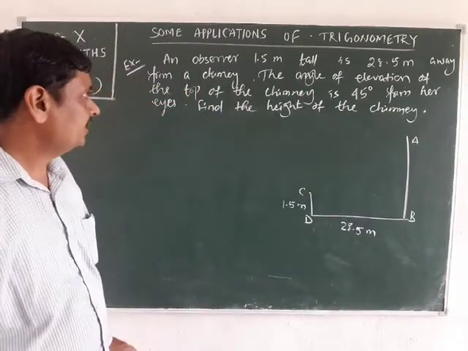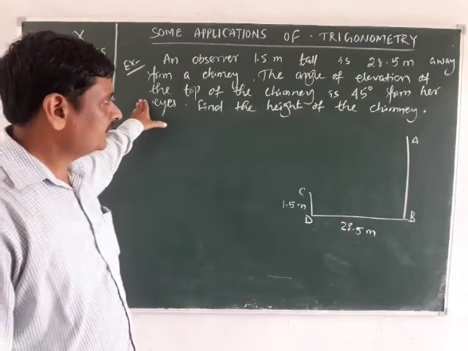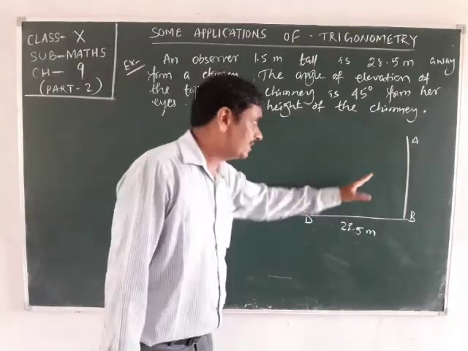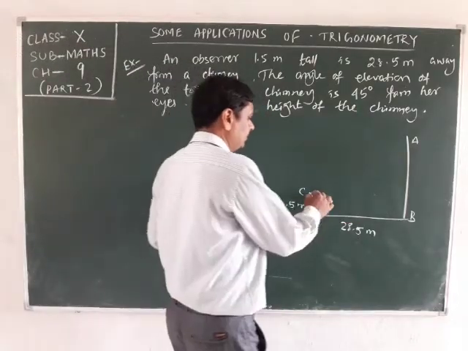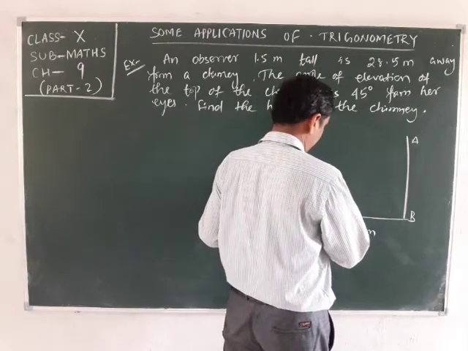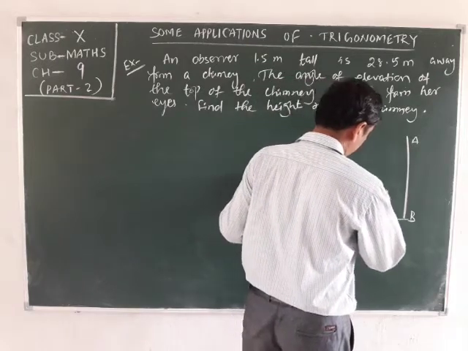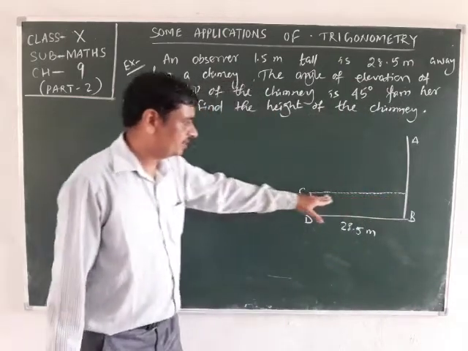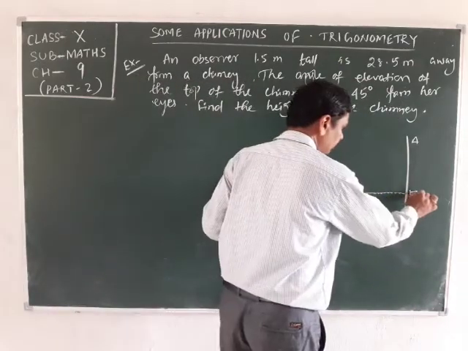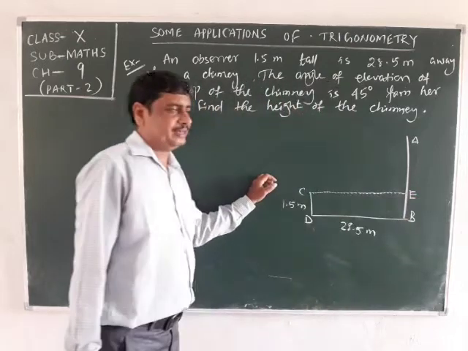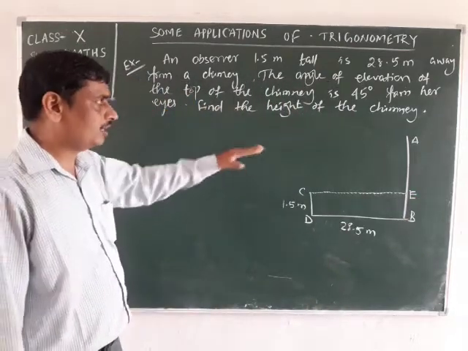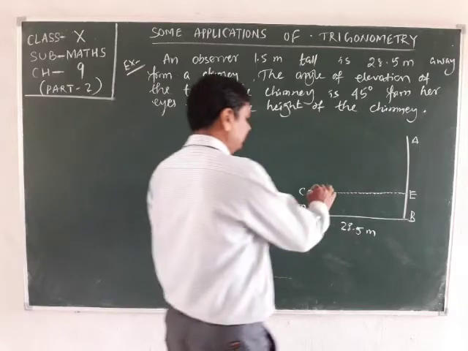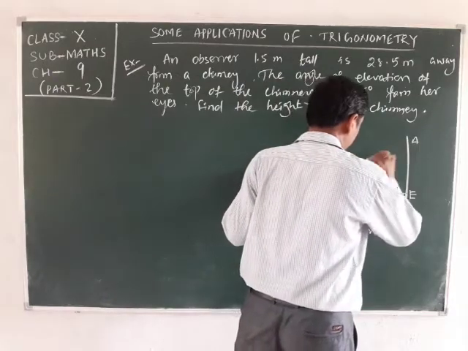Next, it is given the angle of elevation of the top of the chimney from the eyes of the observer. The observer has the horizontal line of view in this direction CE. But when the observer wants to look at the top of the chimney, then there exists an angle.